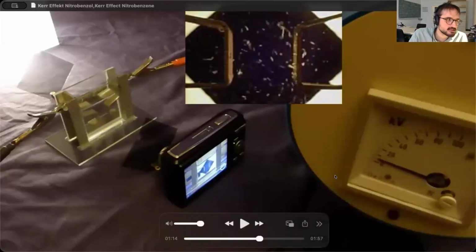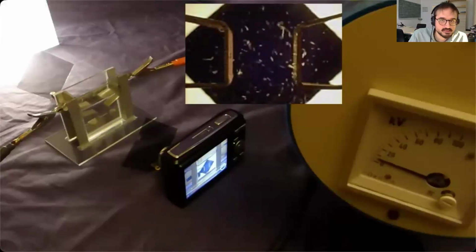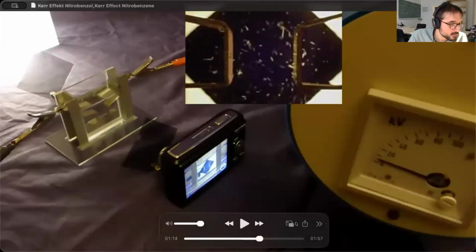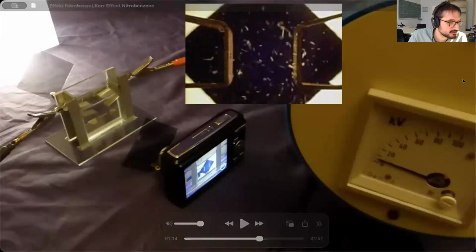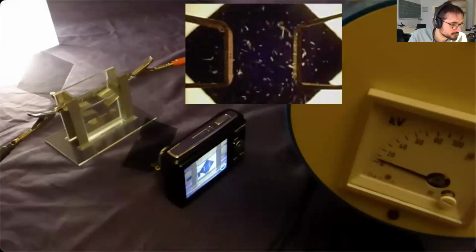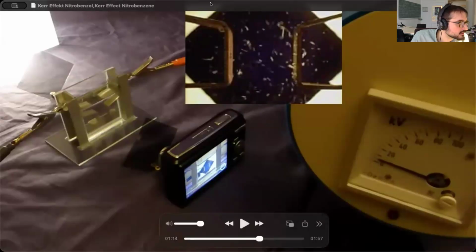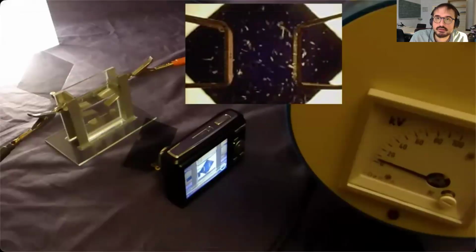So the idea is that you can use this to create a shutter that is much faster than a mechanical shutter, because it works by the application of an electric field.